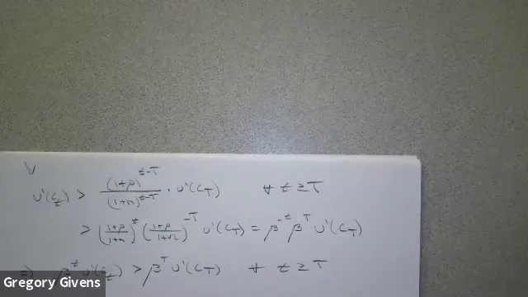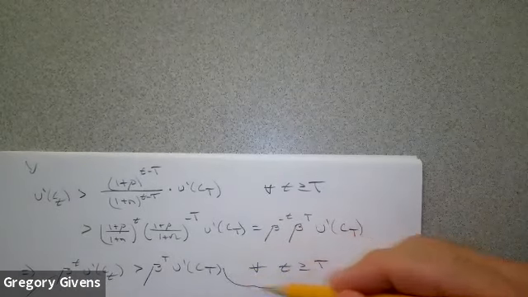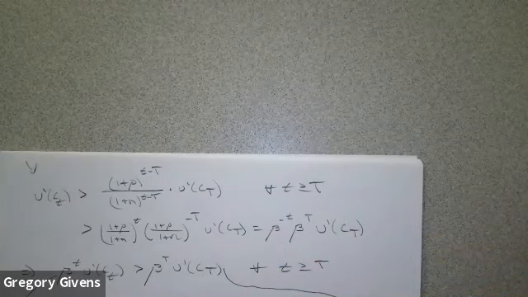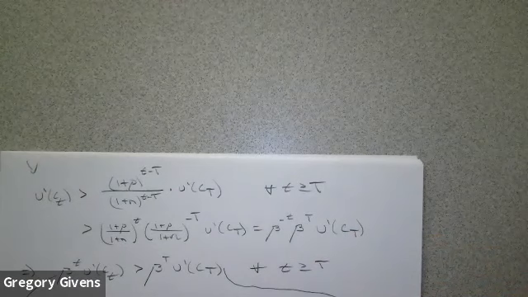Now, how can I use this? How can I do something to this inequality that guarantees that the inequality is still going to hold? Well, let me multiply the left-hand side by k_t.